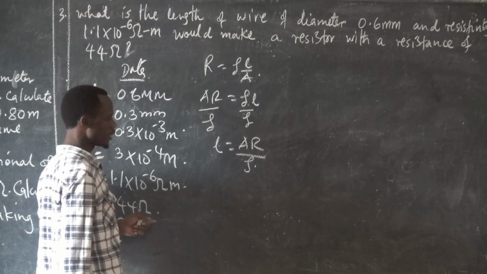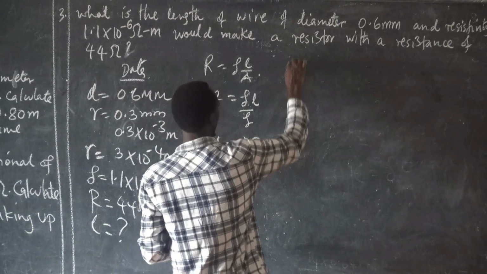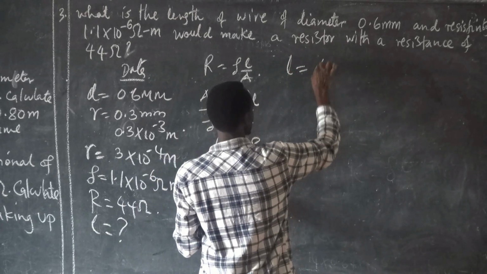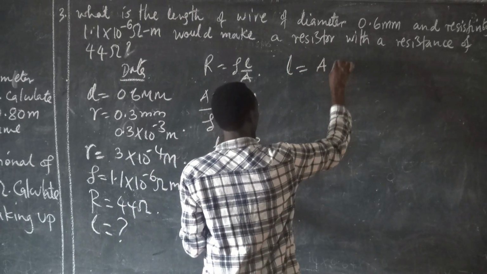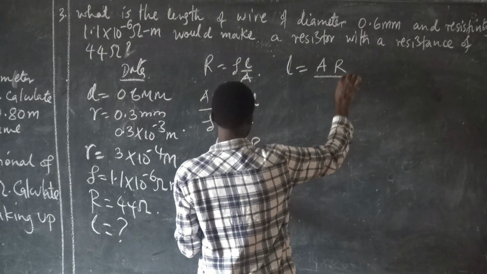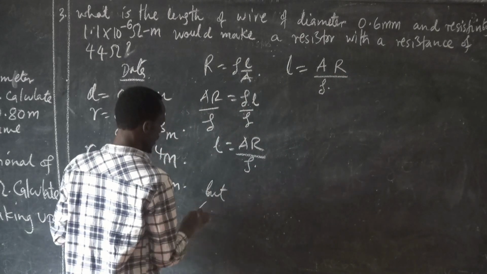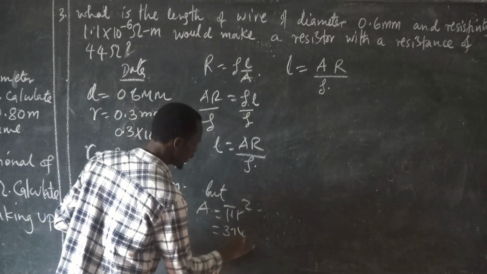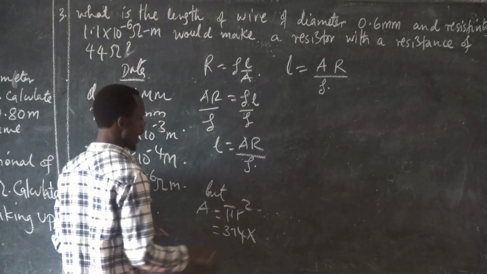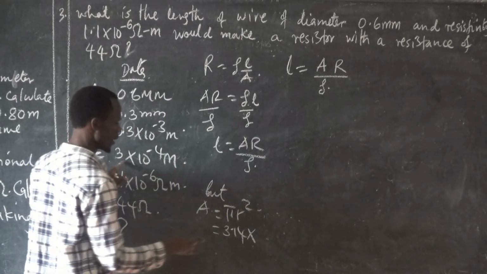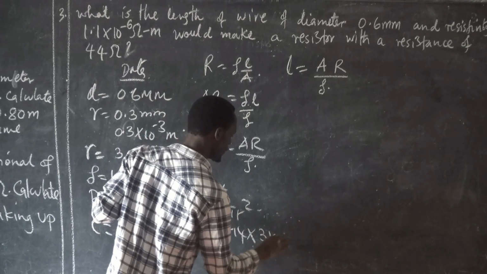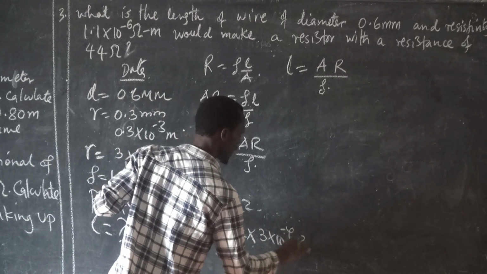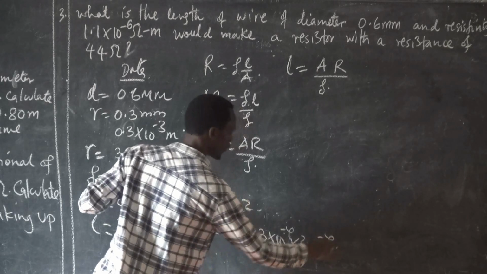Now substitute what you have been given from the question. Now length is equal to cross section area times resistance over resistivity. But remember, area is equal to pi r squared. Now which is equal to 3.14 times r, where r is 3 times 10 power negative 4, times 3 times 10 power negative 4.